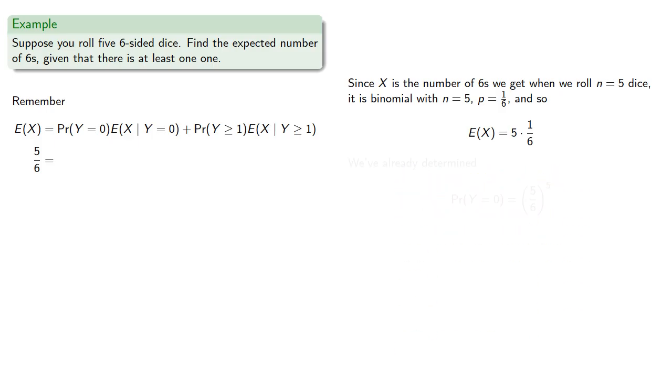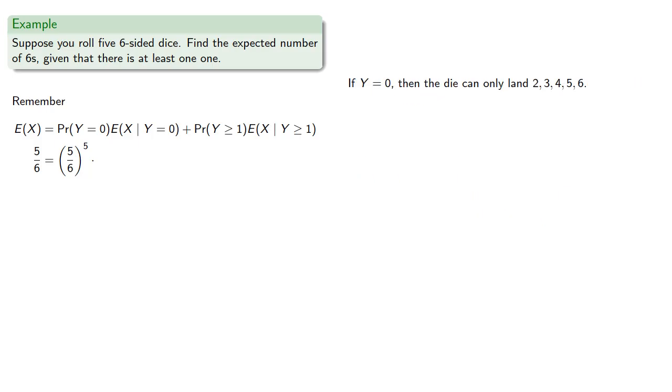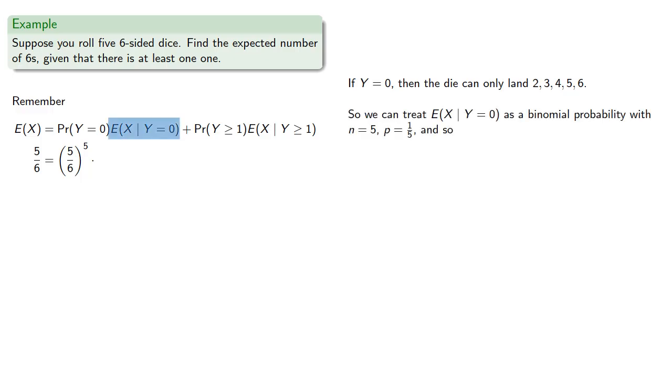we've already determined the probability y equals 0. And if y equals 0, then the die could only land at 2, 3, 4, 5, or 6. And so we can treat this expected value of x, given that y equals 0, as the expected value of a binomial probability, where n equals 5, the probability of success is 1/5, and so our expected value is.